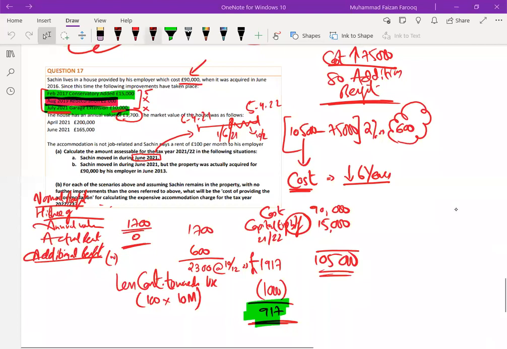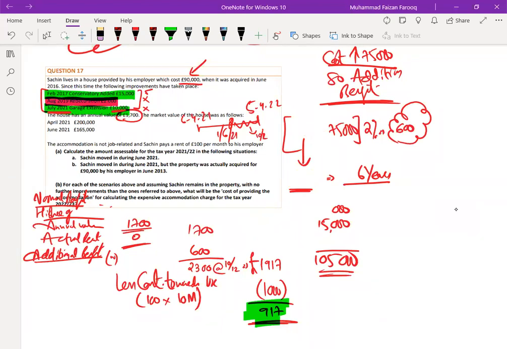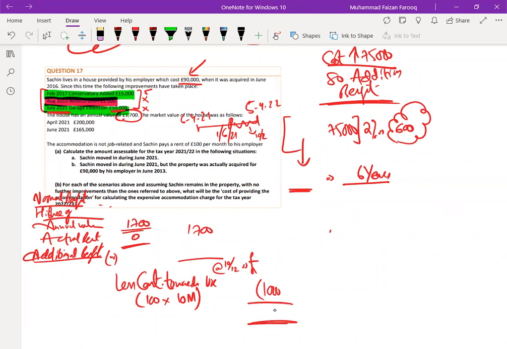Requirement B. Sachin moved in during June 2021, but the property was actually acquired for 90,000 pounds by his employer in June 2013. Can you tell me what will be the difference from what we did?